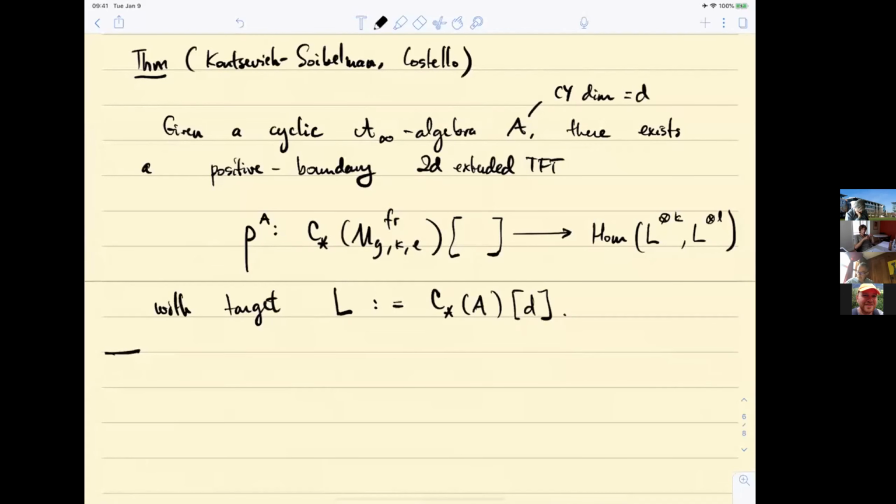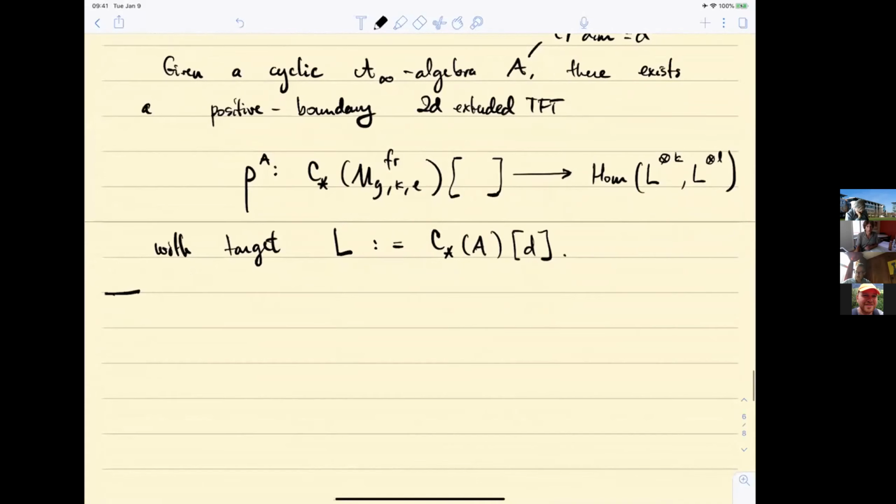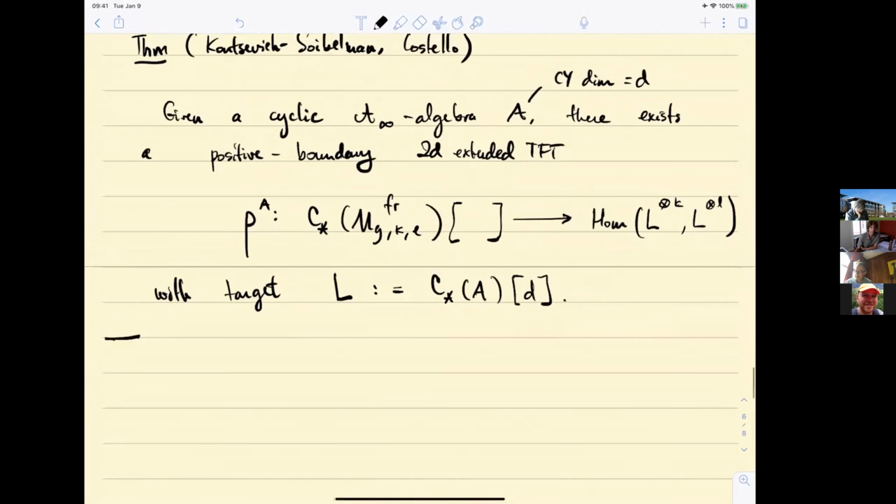So let's simplify our life considerably, and instead of a cyclic A infinity algebra, let's pretend that we have just an ordinary Frobenius algebra. Quick, there was another question, which is what are the assumptions for K and L? Is it K greater or equal to 1 and L greater or equal to 0? Yes, exactly. That is correct.